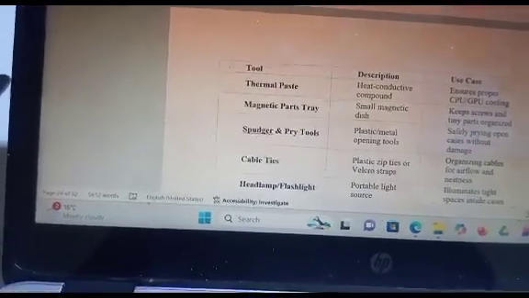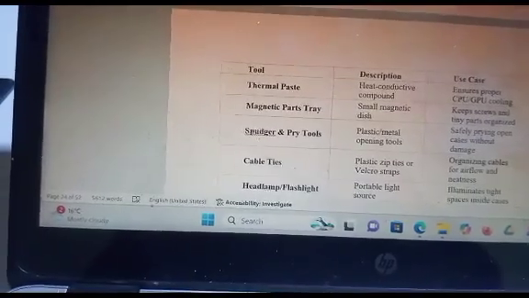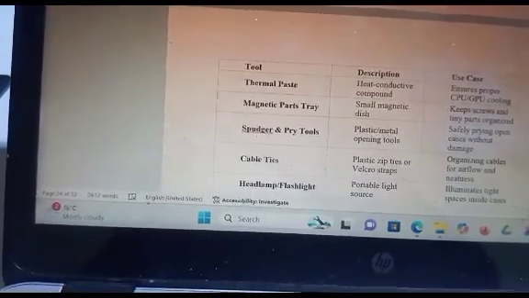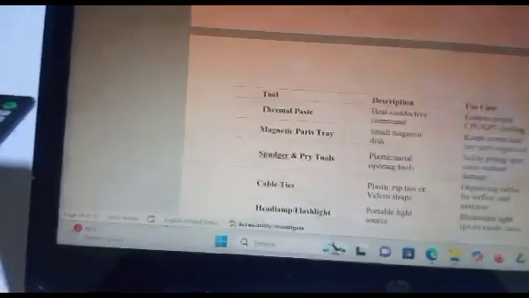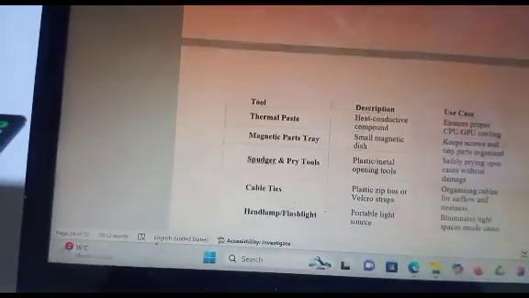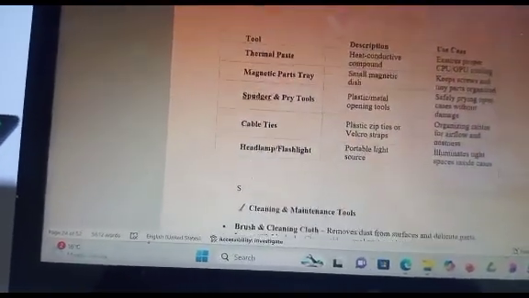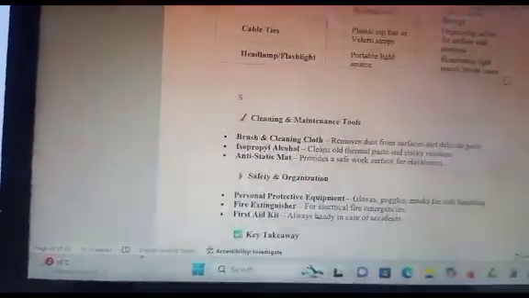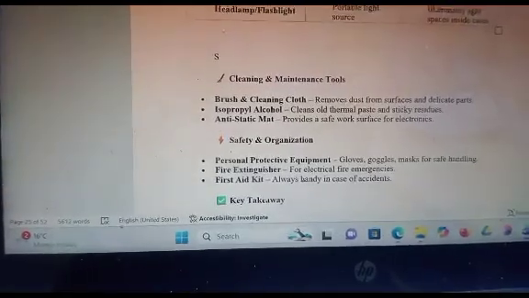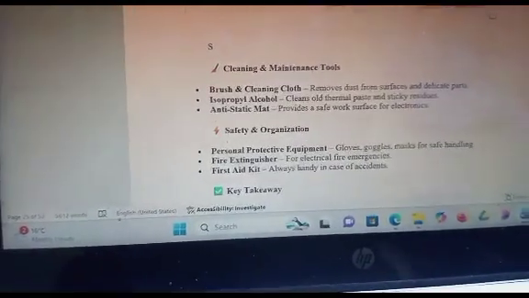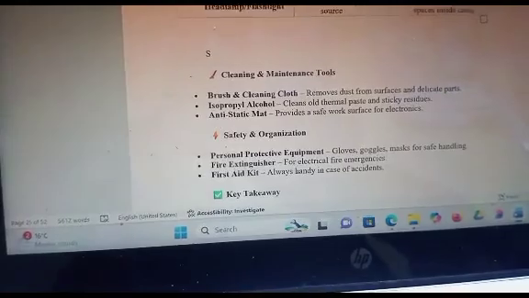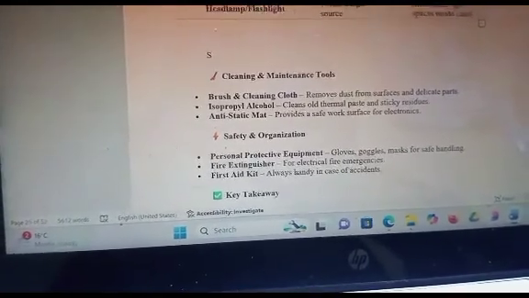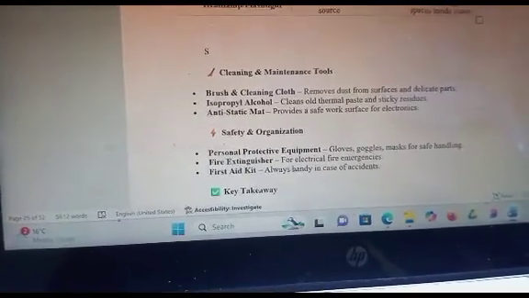And then we have a headlamp or flashlight, the portable light source for illuminating when it is dark, when you open a desktop or a laptop. So we have others that are normally meant for cleaning and maintenance, like a brush and cleaning cloth, to remove dust from the surface and delicate parts.